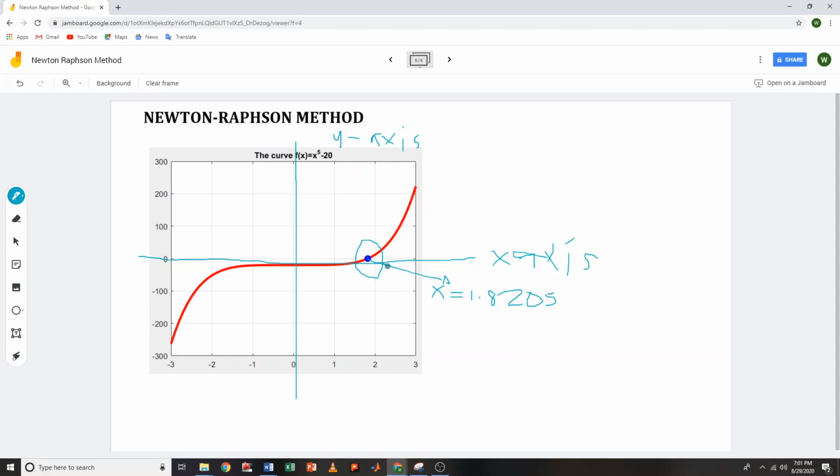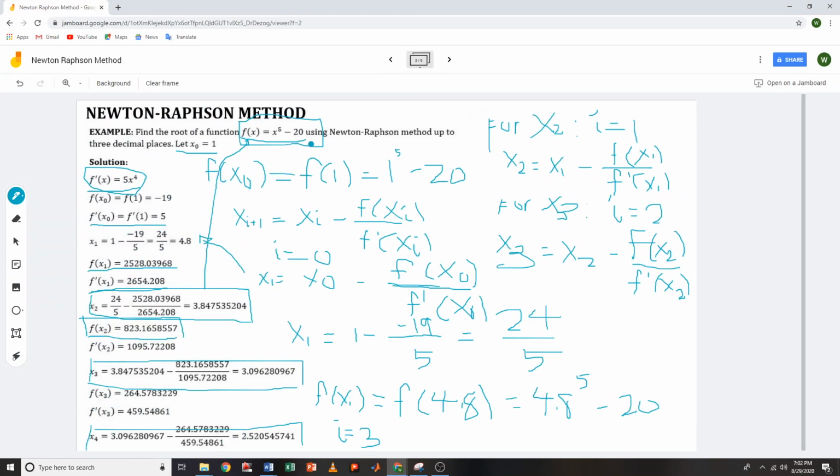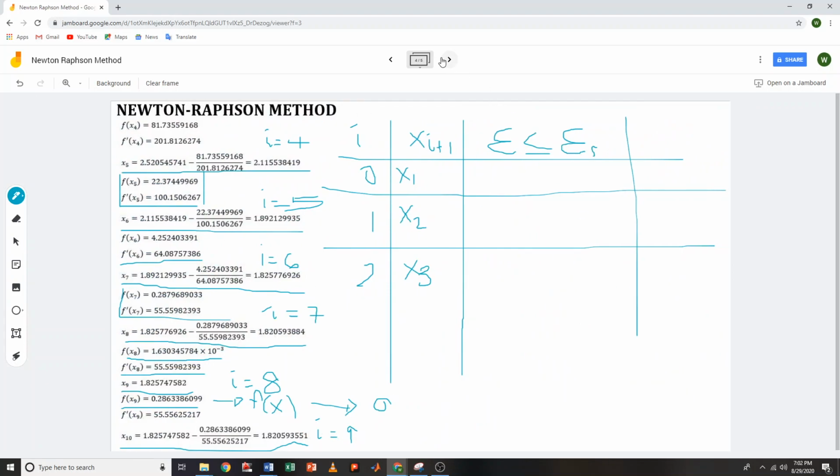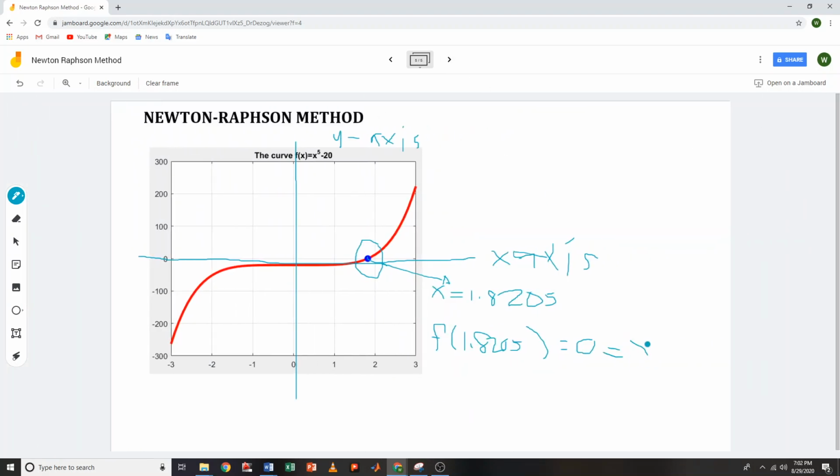So if we substitute this value, let us say f of 1.8205, this will be 0 using this function x^5 minus 20. Evaluate this function.